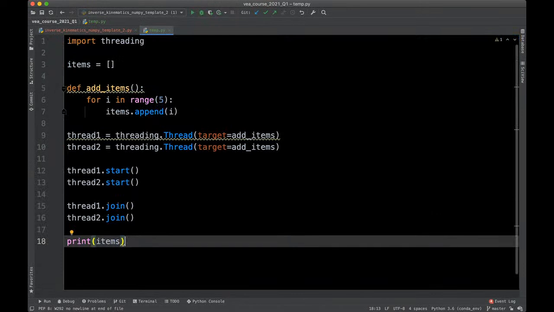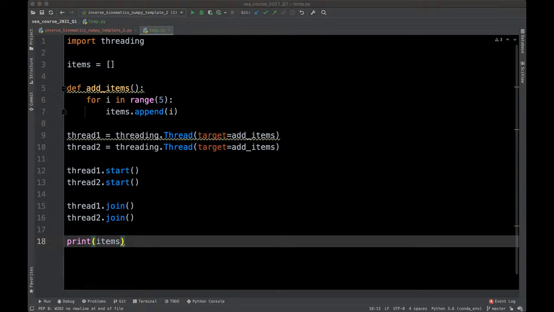And now, please tell me, so that my question will be simpler. Can we predict now what will be in the items list? Can we predict the order of the numbers in the list?